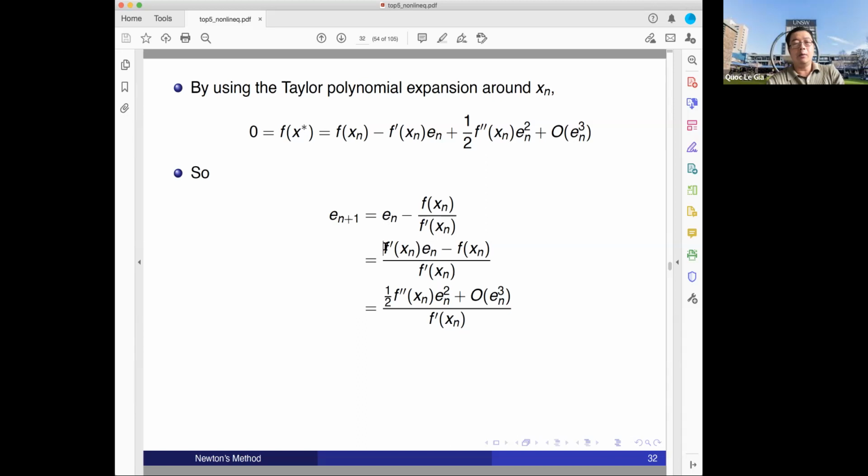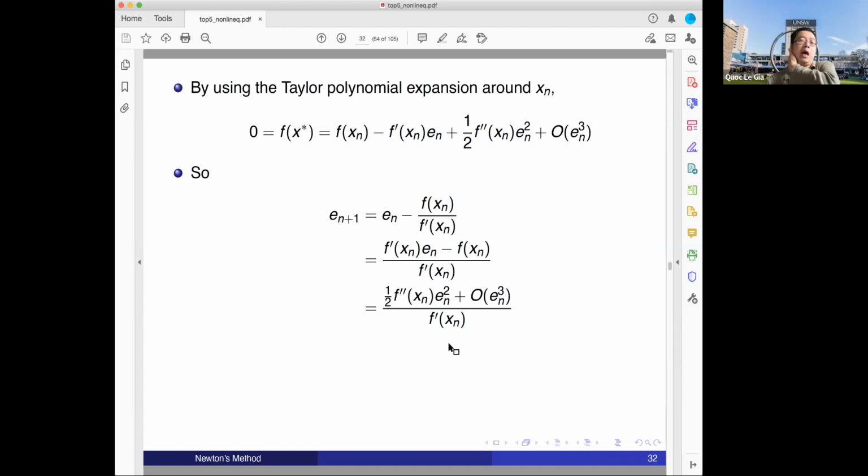And then you look at this equation, f prime xn en minus f xn, and you compare with this one. When you move the highlighted terms into the left, you get exactly these two terms. And that's exactly what I put in here.